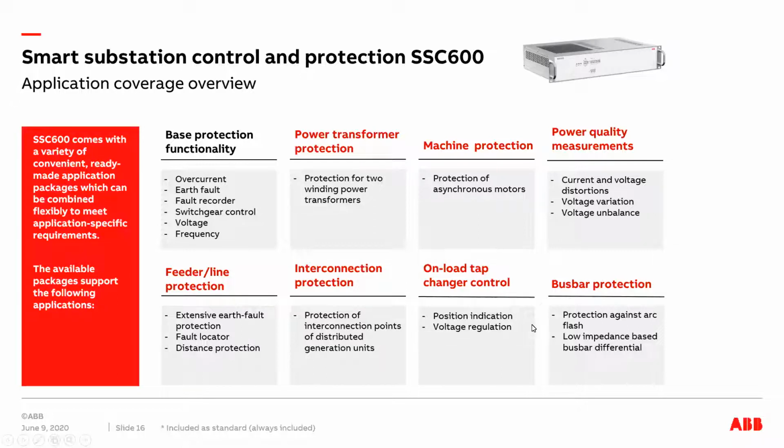For busbar protection, we have the option of arc flash detection within the switchgear, and also low impedance based busbar differential protection. So all that can be achieved using SSC 600.